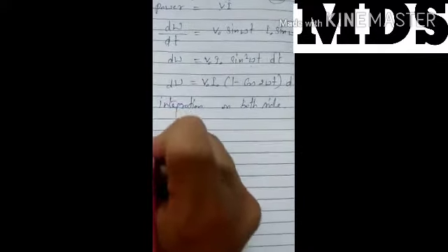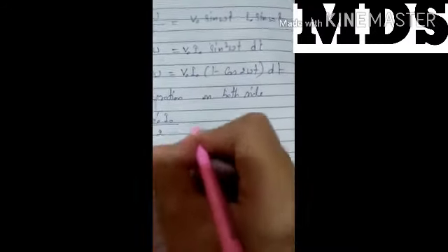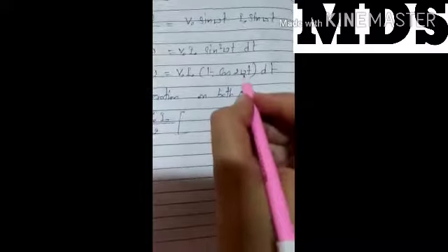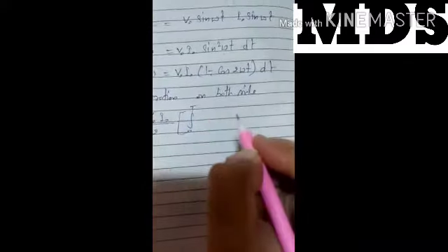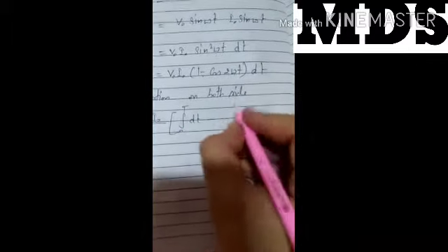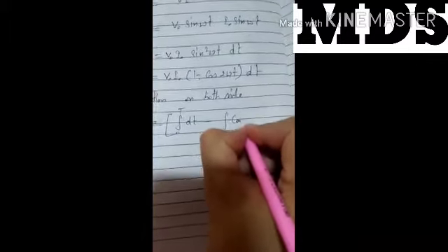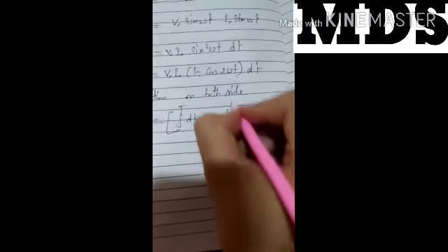So work done equals V naught I naught by 2, integral from 0 to T of dt minus integral of cos 2 omega t dt from 0 to T.